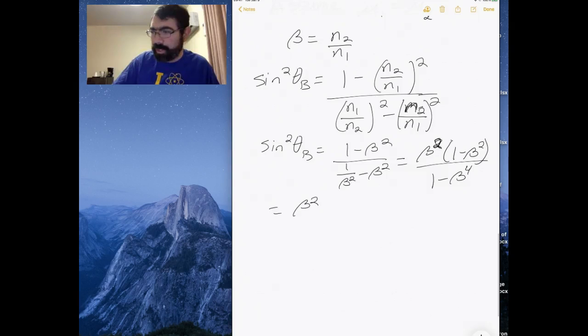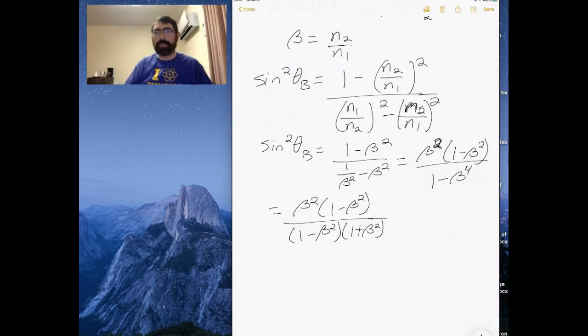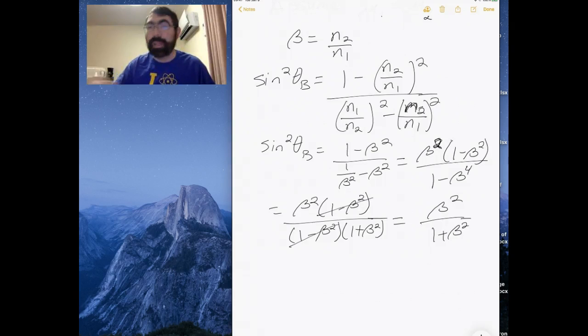So that's beta squared (1 minus beta squared) over (1 minus beta squared)(1 plus beta squared). Now things are starting to look good. I can cancel 1 minus beta squared on the top and the bottom, and I get beta squared over 1 plus beta squared. Okay, so that's looking pretty good.